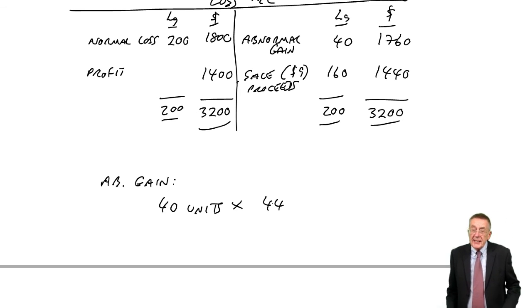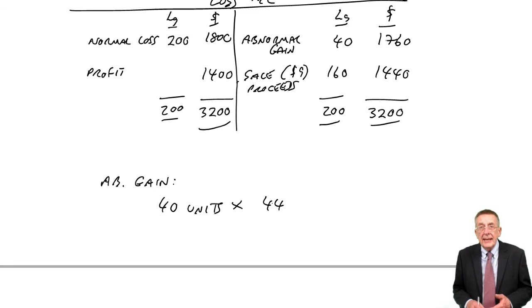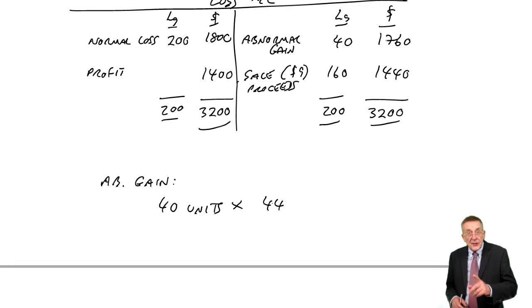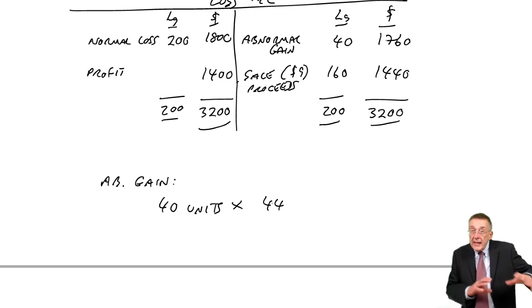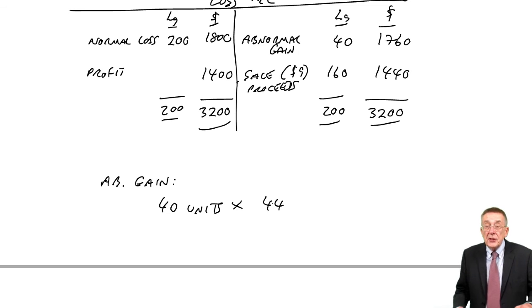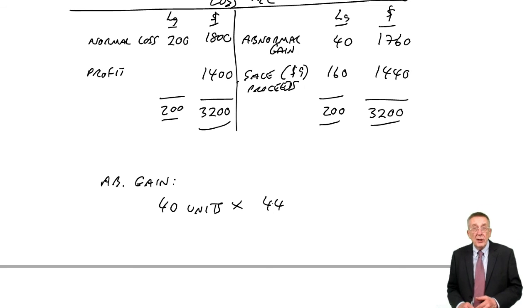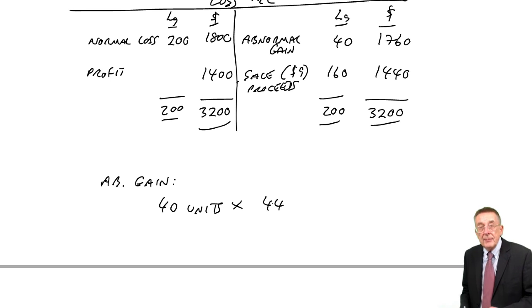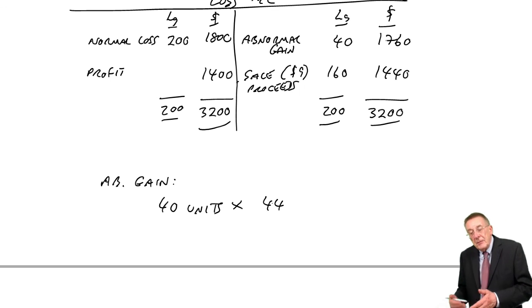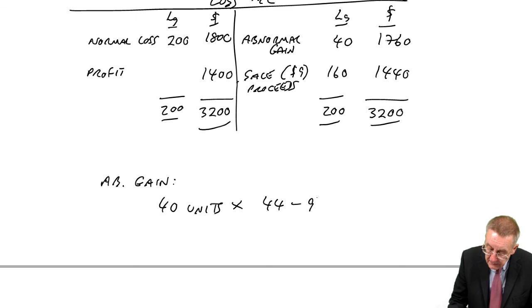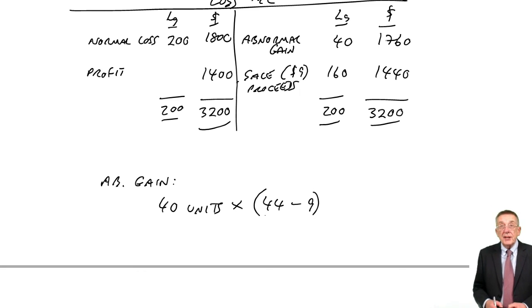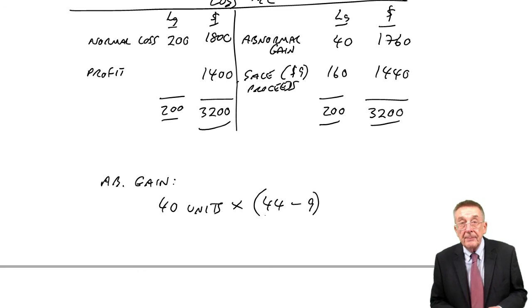The only reason we're not getting a full 44 ultimately is in our costings, we'd assumed a full 200 units would be earning us $9. But of course, this abnormal gain, we're not going to get the $9 from them that we thought we would. So we're losing the $9 we would have got had they been lost and we scrapped them.